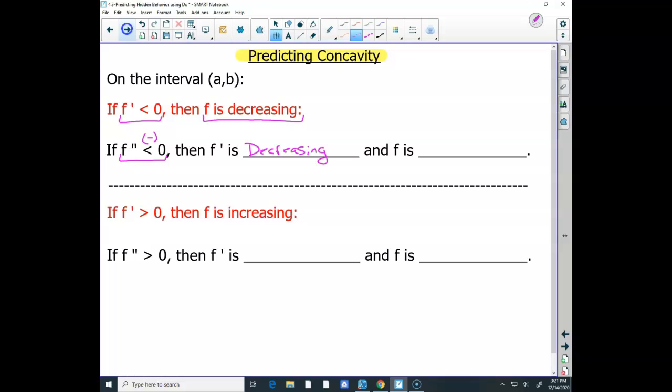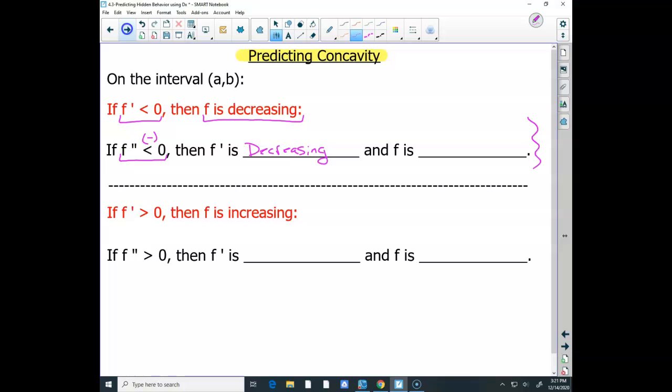I say it has to be decreasing because the second derivative was derived from the first derivative, okay? So if I'm looking at the graph of the first derivative and it's decreasing, then the second derivative is going to be less than 0, and that's comparing it all the way back to the original function f. I'm going to leave this out for the time being, and that's going to give me my concavity.